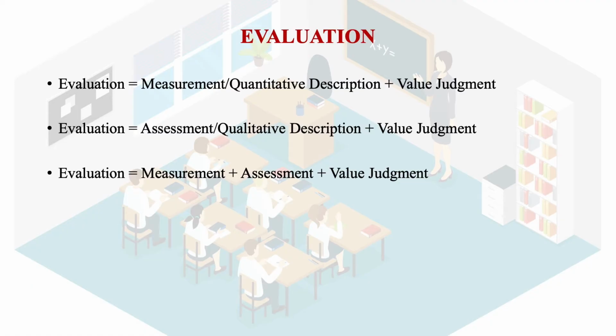In the figure, if you go towards the measurement side, you have to add value judgment with measurement, and if you go towards the assessment side, you have to add value judgment with assessment to define evaluation. In the middle you see 'and/or' is there. It means you can follow either one side, or both sides. That means measurement plus assessment plus value judgment. So value judgment is very important in evaluation.